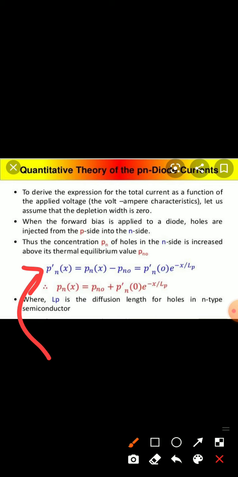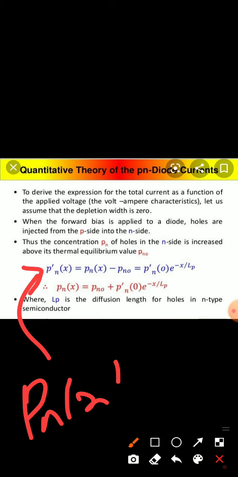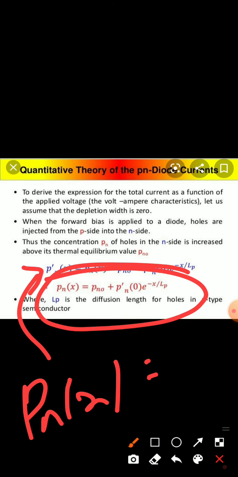Here Lp is the diffusion length for holes in the n-type semiconductor. So pn of x is equal to pn naught plus p dash n of 0 into e power minus x by Lp. We need to shorten this formula.